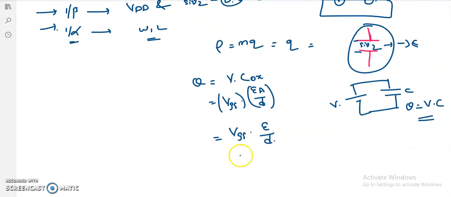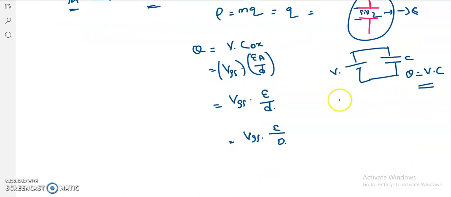So we can write VGS into epsilon divided by capital D, and this is Q, the charge density. Now if I apply the scaling factors to these parameters, anyhow epsilon is a constant, so you need not worry about that.